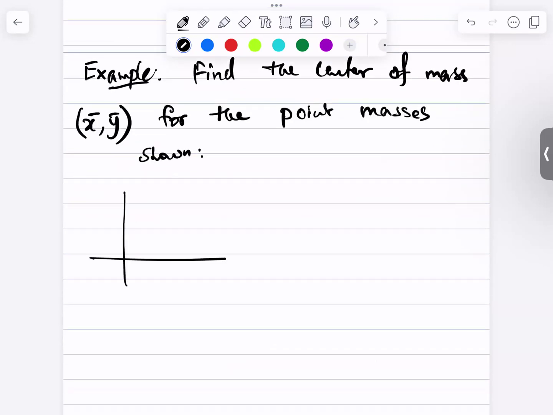Say I have the points as (1, 3), and at that point my mass is 5. I have the point (6, 2), and at that point I have the mass 10, and I have (2, -3). At that point I have mass, say, 8.